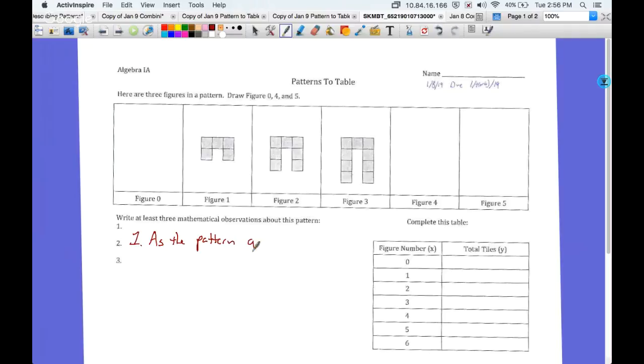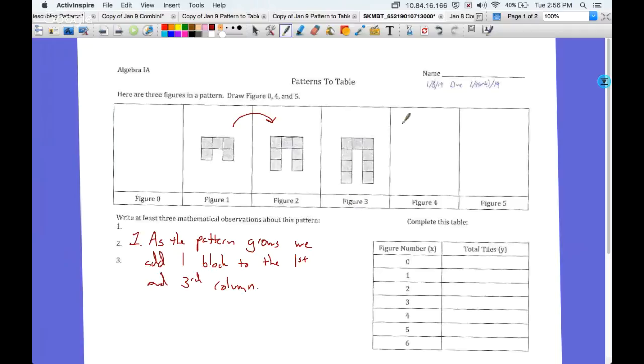As the pattern grows, we add 1 block to the first and third column. All right, so we move this direction from figure 1 to figure 2 to get to the next figure. We're adding blocks to the bottom of the first and third columns.